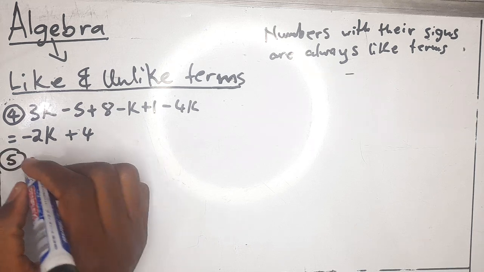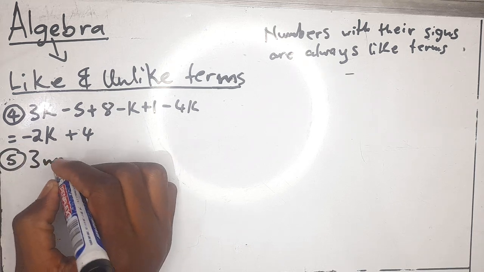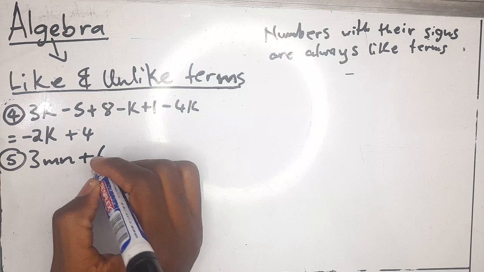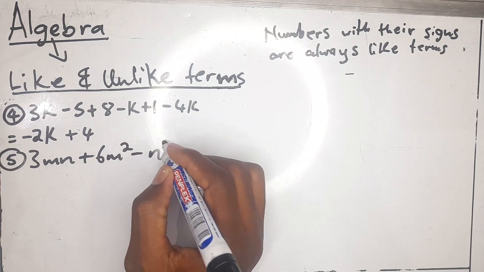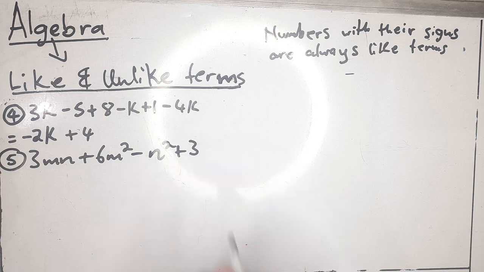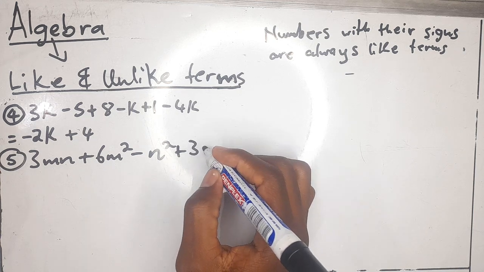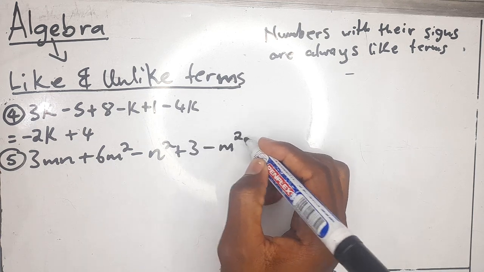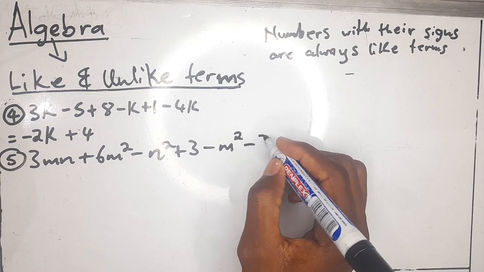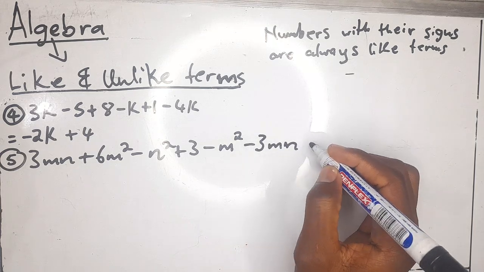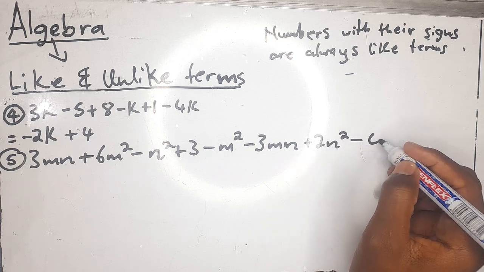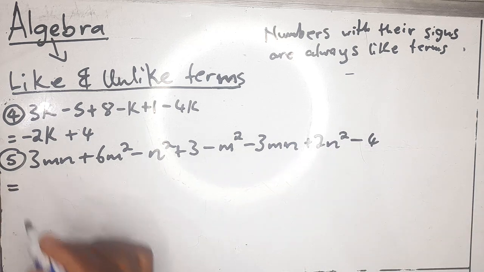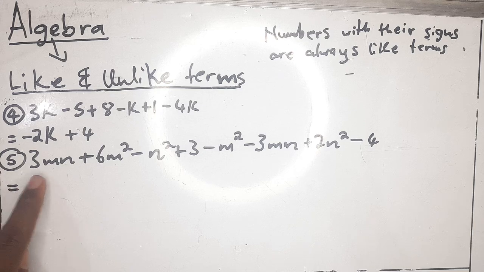The real number 5 is going to be 3. We're given 3mn plus 6m squared minus n squared plus 3 minus m squared minus 3mn plus 2n squared minus 4. The first term is 3mn. Any term that ends with mn?